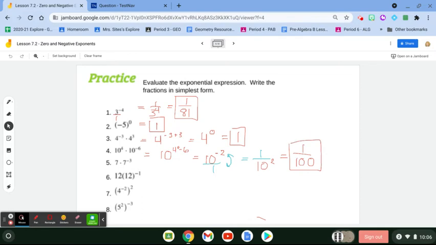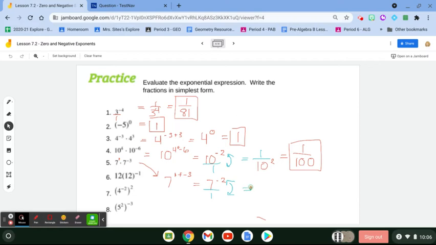For question number 5, I'm going to put that down here. This is like 1 copy of 7. So I would keep my base of 7, and I would add the 1 and the negative 3. So 1 plus negative 3 is going to give me negative 2. So again, I'm going to need to fix that. So I'm going to put a 1 underneath it and flip it.